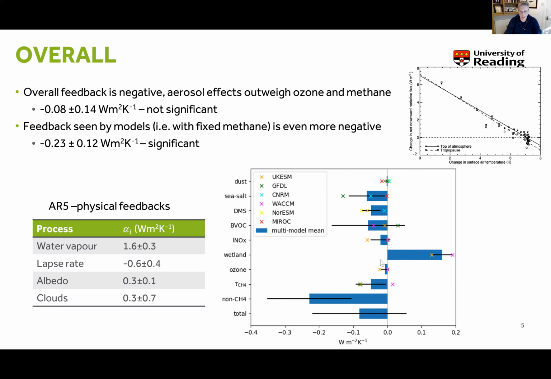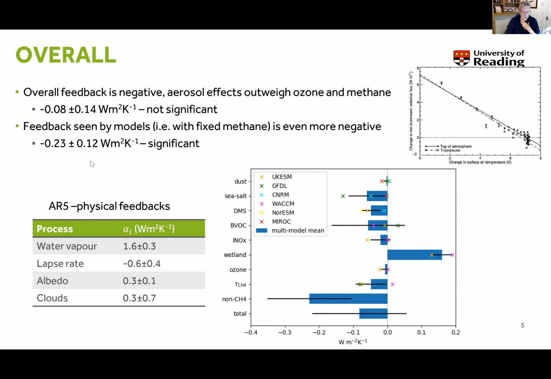The only exception to that is the models actually show quite a large change in wetland methane emissions. So that is a slight positive feedback, but overall it's looking like the effect of chemistry and aerosols on the climate feedback is negative, and we come up with a value here in the models of about -0.23 as a feedback parameter.